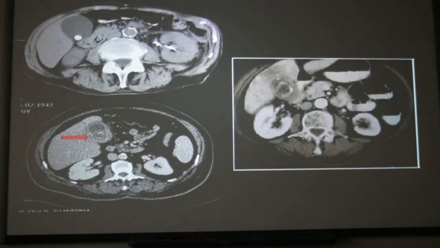So if you see anything adjacent to the gallbladder invading the surrounding structures, then you should think of gallbladder malignancy. Remember, gallbladder malignancy always follows cholelithiasis. So the irritant factor is the gallstone. If the patient has had stones in the gallbladder over a period of time, they are more prone to develop gallbladder malignancy.